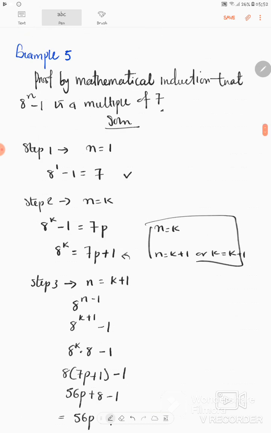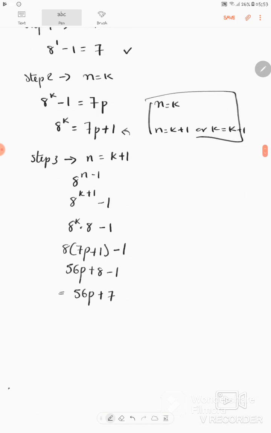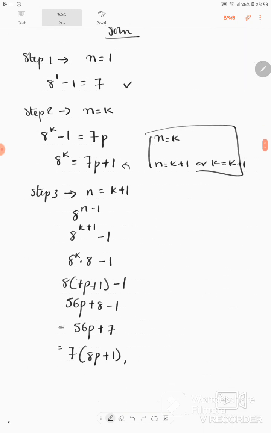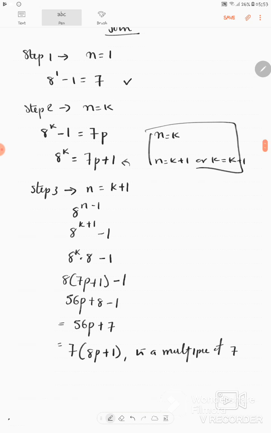Now the question said, prove by mathematical induction that 8 raised to power n minus 1 is a multiple of 7. Now our final answer qualifies us to say that our answer will be 7 open bracket 8p plus 1. That is, the whole expression 8 raised to power n minus 1 is a multiple of 7.